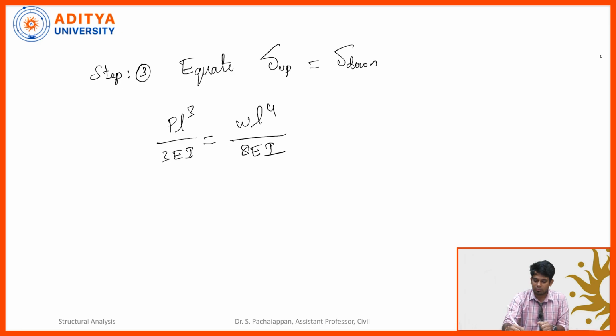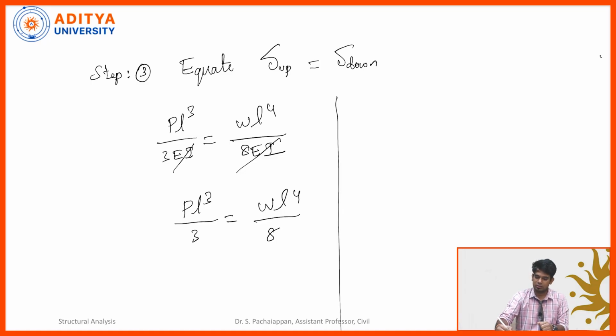So first of all, what I can observe here is that I can cancel the EI values. So we will have PL cube divided by 3 equal to WL power 4 divided by 8. Now in this equation, what I want is P. So P is equal to WL power 4 by 8 multiplied by 3 divided by L cube.